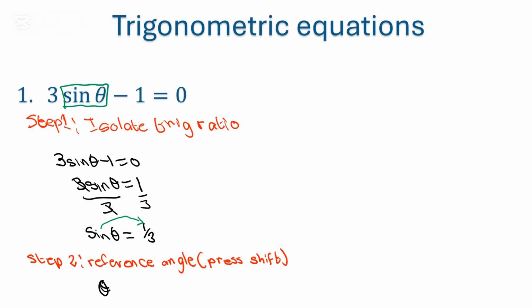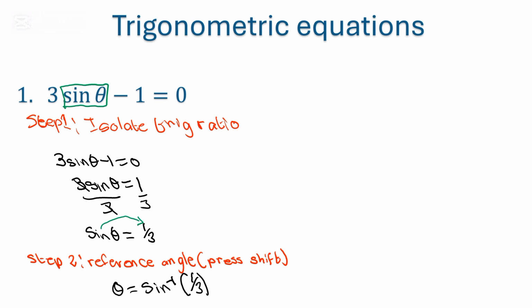So you just say theta is equal to sine -1. When you press shift, then sine, it will give you sine -1. You're taking the sine to the other side, and you write your 1 over 3 in there.